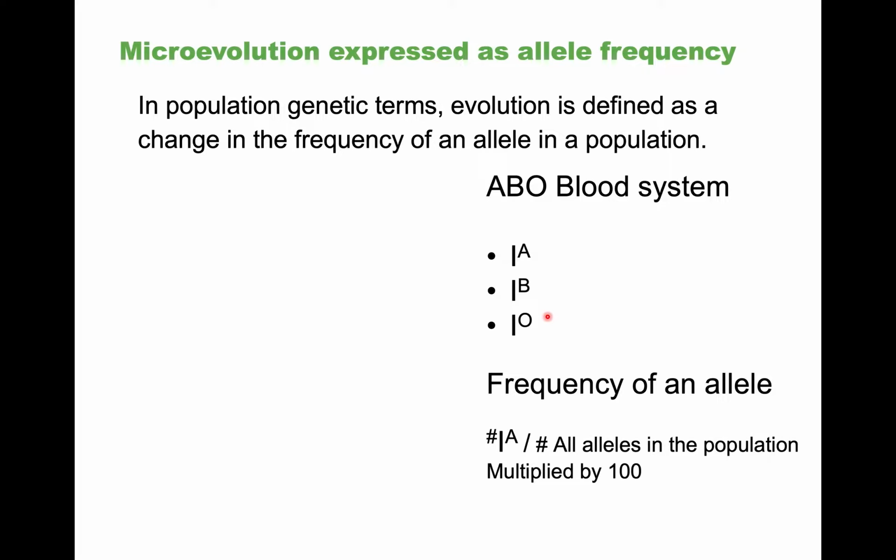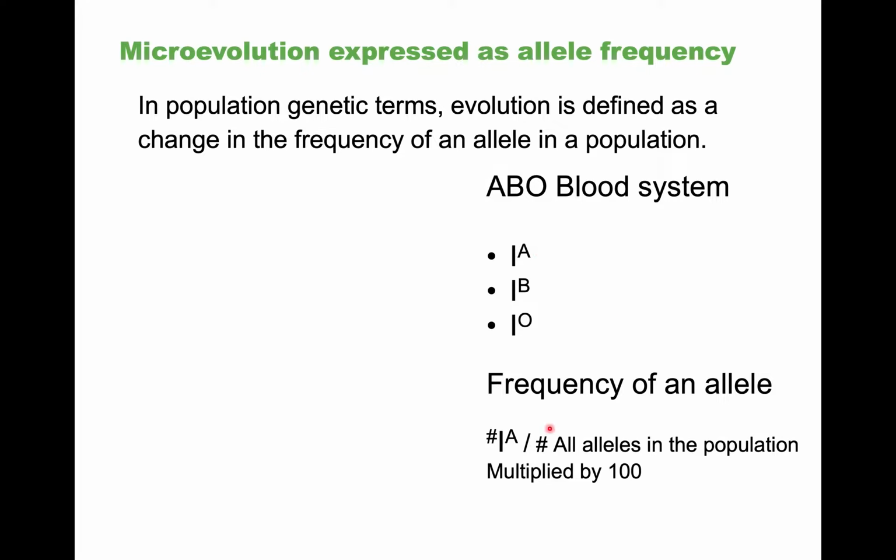So for scientists to see whether a particular human population is evolving with respect to the blood type system, you look at the frequency of the different alleles. The way you define the frequency of an allele in a population, scientists look at the total number of alleles for each gene.